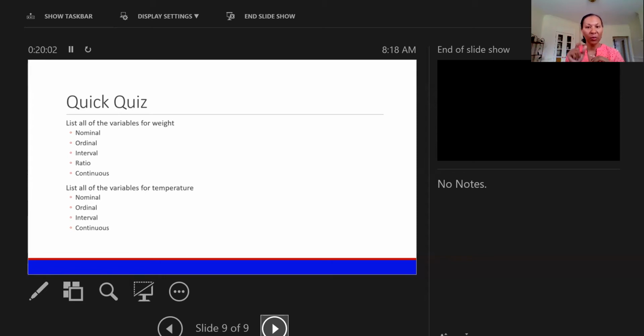It's an interval because we know the specific difference between each measurement on the temperature scale. It's non-ratio because there is no absolute zero with temperature. We can have negative numbers. But it's also continuous because there's no end in terms of where temperature can go, on the hot end or even the cold end.